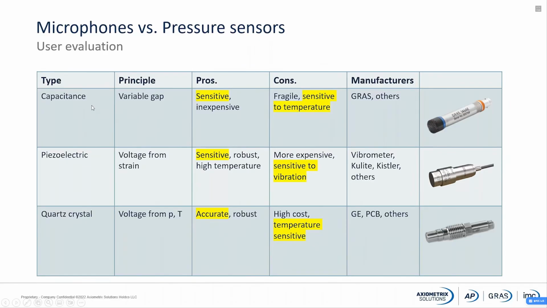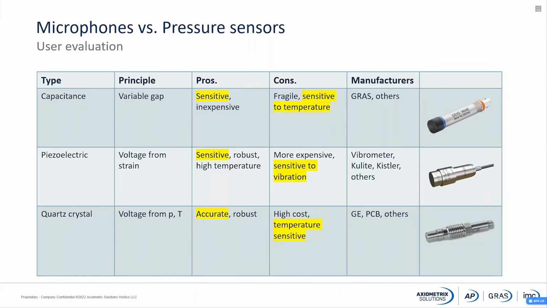And there you can see a microphone. This is capacitance. It is a variable gap between the backplate and the membrane. It is very sensitive, and it is unfortunately sensitive to temperature. So if you have a measurement point that is going to be placed in a 300, 400, 500 degrees Fahrenheit position, it is not a microphone you should use.